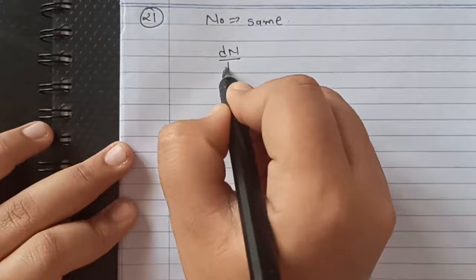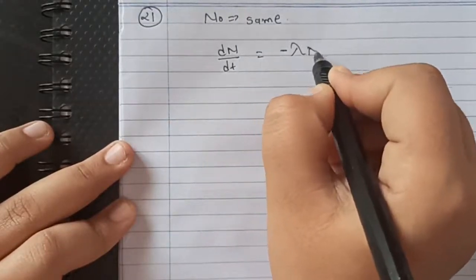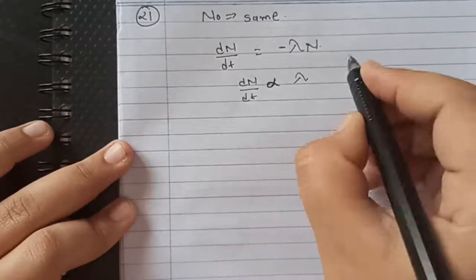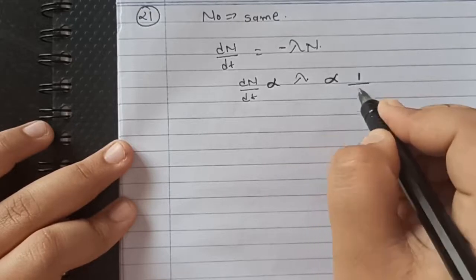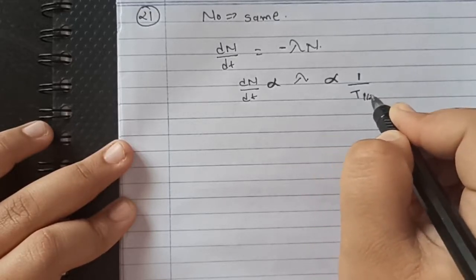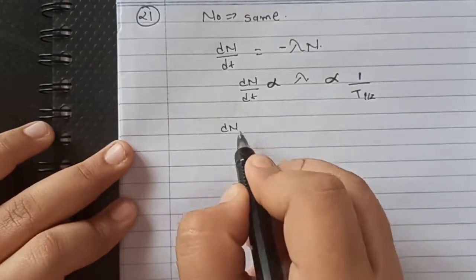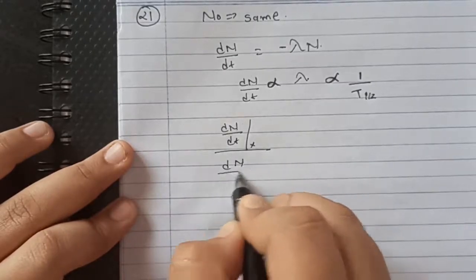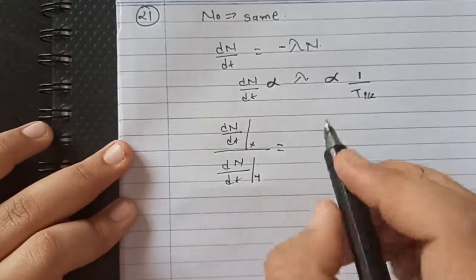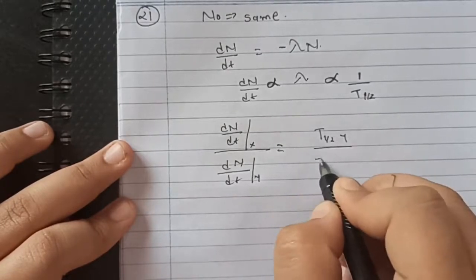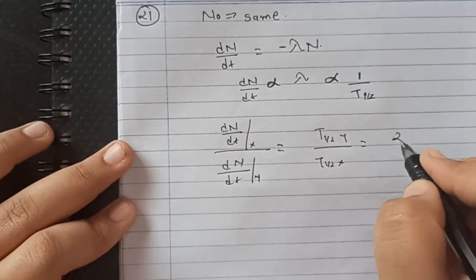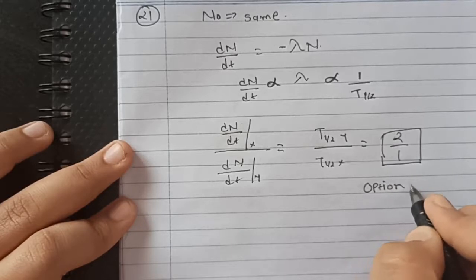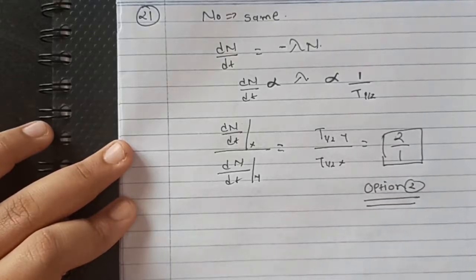The rate of disintegration dN by dt is equal to minus lambda N. So we can write dN by dt is directly proportional to lambda and inversely proportional to T half. So dN by dt for X divided by dN by dt for Y is equal to half-life of Y divided by half-life of X, that is 2:1. So option 2 is the correct option.